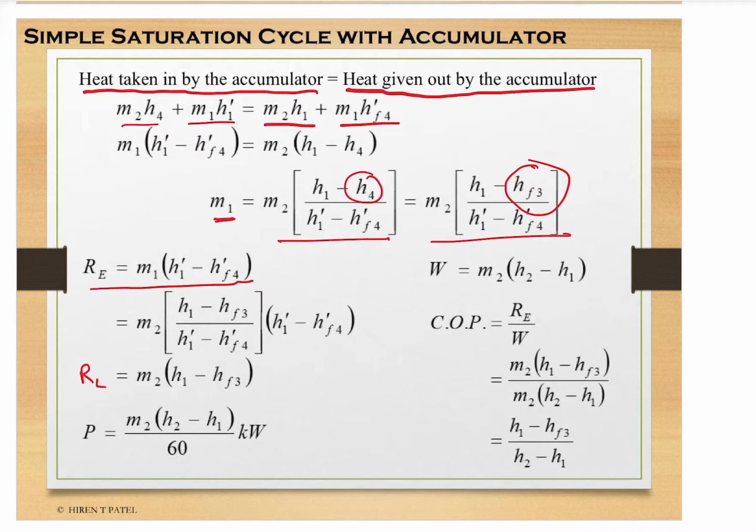So ultimately RE is equal to m2 times h1 minus hf3, and the work W is equal to m2 times h2 minus h1. The difference between these two systems, with flash chamber and with accumulator, is that in the refrigerating effect the same m1 mass needs to be transferred.